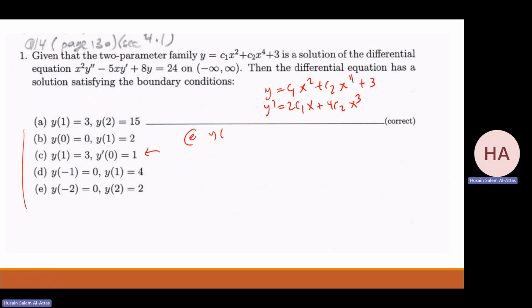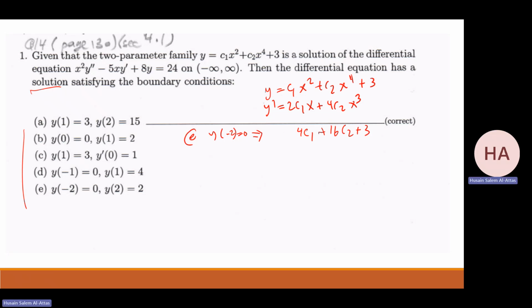It has a solution satisfying the boundary conditions. Let me check y at minus 2 equals 0. That implies, I put in x equals minus 2, that will be 0 equals 4C1 plus 16C2 plus 3, where x to the power 4 gives 16.